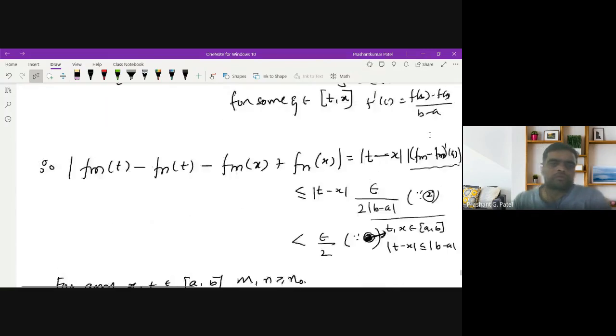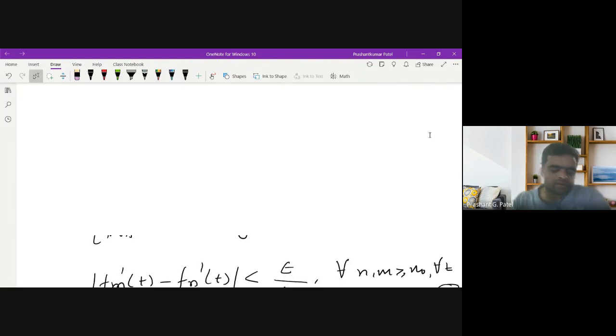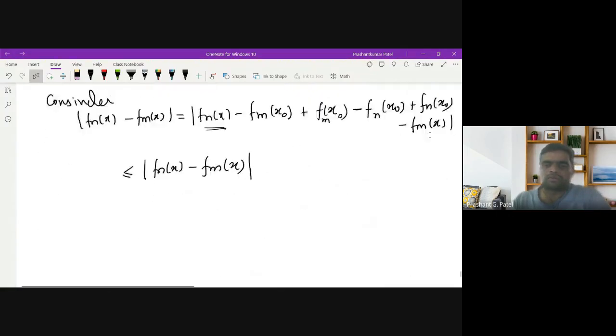Sorry. First we have to use the first equation, number 1. So in equation 1 we have Fn(x0) minus Fm(x0). I may rewrite this one as Fn(x0).